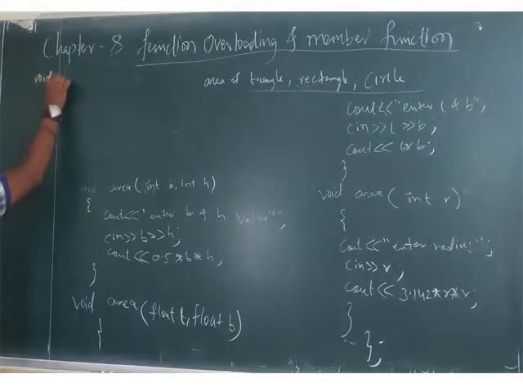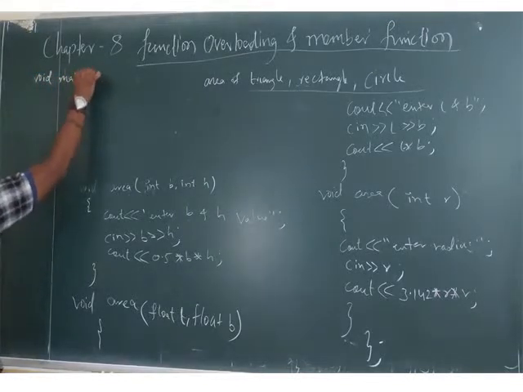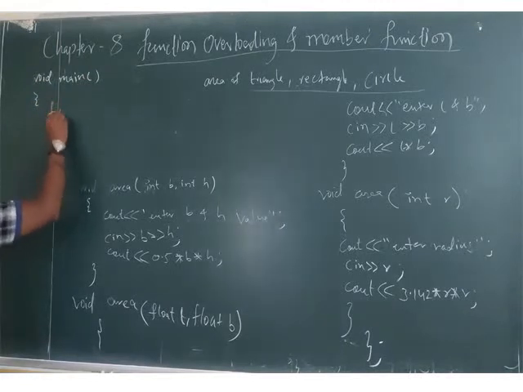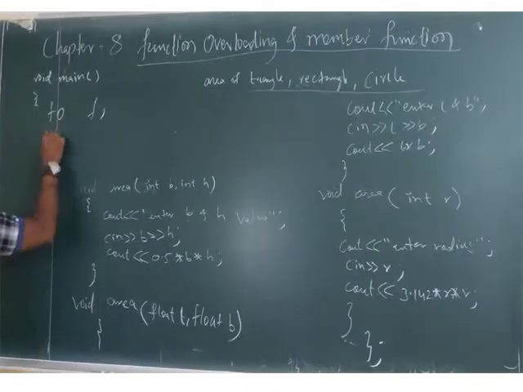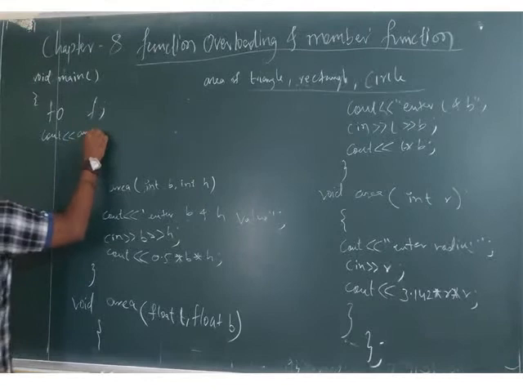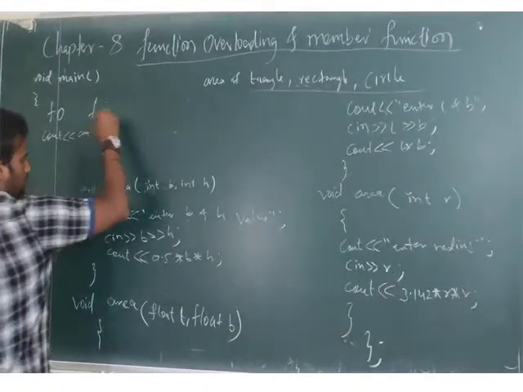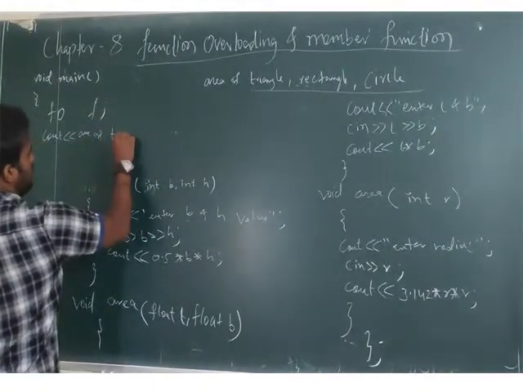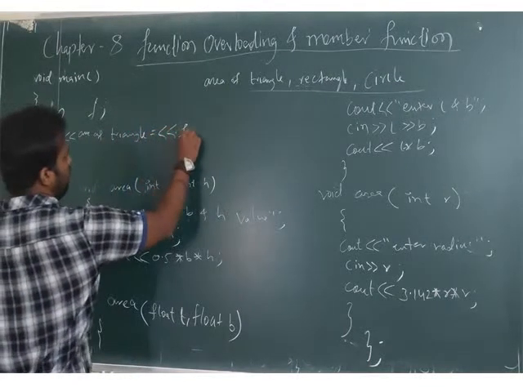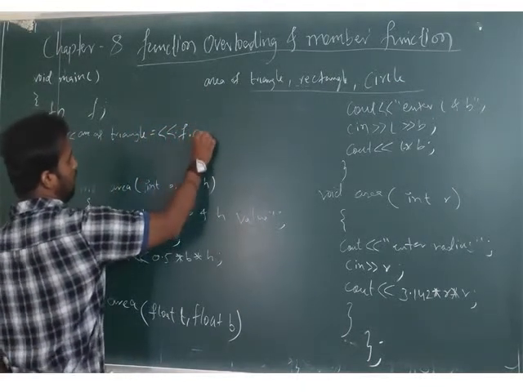Void main. What is the class name? F4. Okay. Then here I will write C out area of triangle is equal to F dot area.